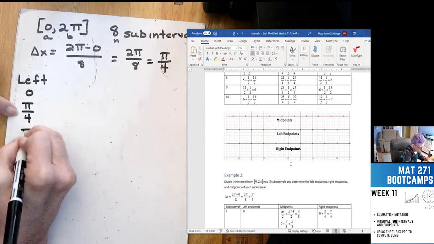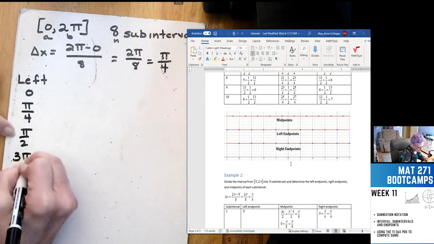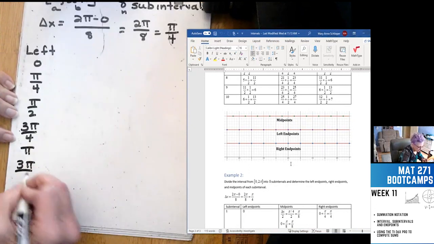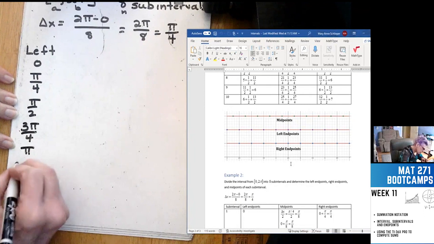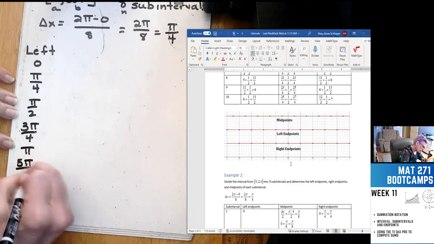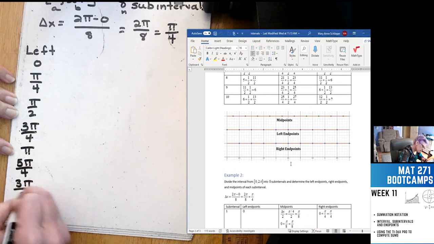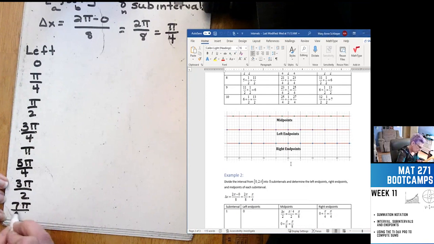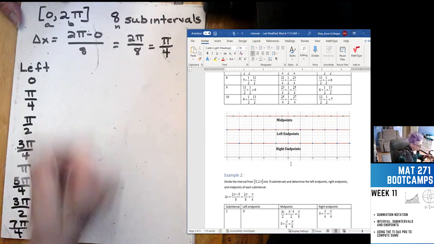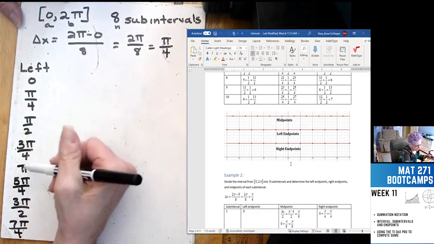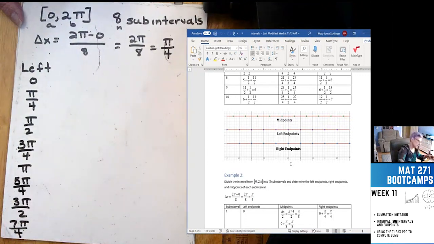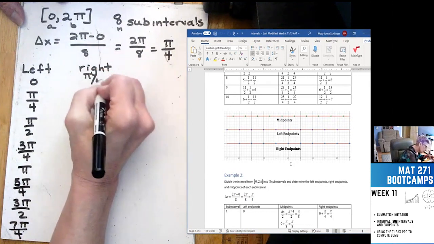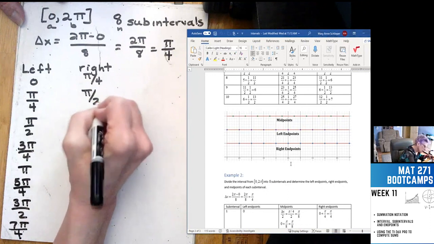One more delta x gives me pi halves, another delta x, another delta x, another delta x, and let's see, pi, 5 pi over 4, then 3 pi over 2, and then 7 pi over 4. 1, 2, 3, 4, 5, 6, 7, 8 left endpoints. Right endpoints, we start at pi over 4, pi over 2.